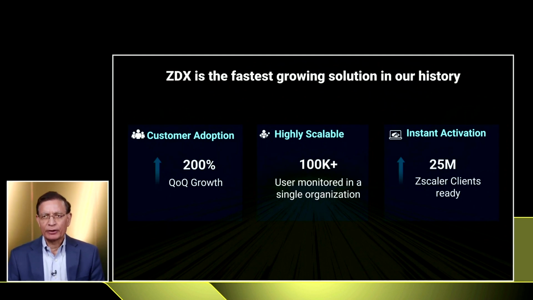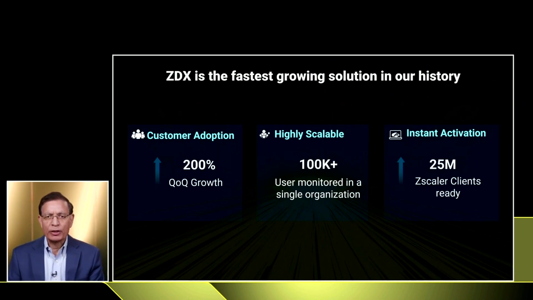And the best part is, deploying ZDX is very, very easy. You've got the lightweight agent already sitting on your desktop or your laptop. It's a matter of simply turning it on. As I conclude, I would say that our primary focus is to make sure you can have secure, fast, and reliable access to any application from anywhere, while our core services like ZIA, ZPA deliver it because we provide the fast and the shortest path.